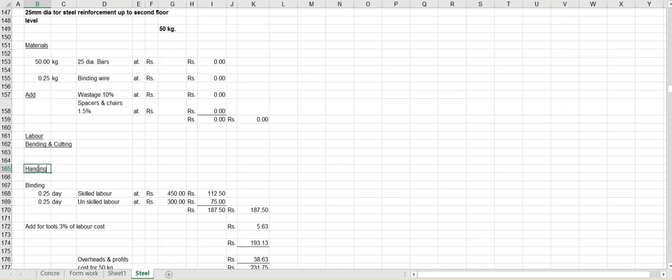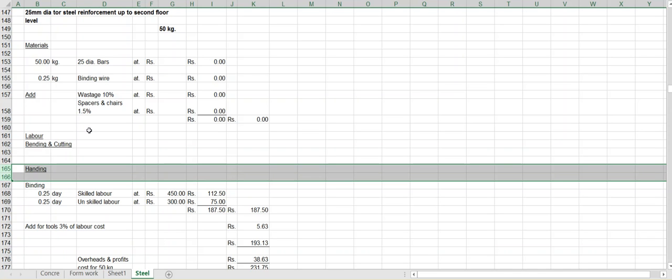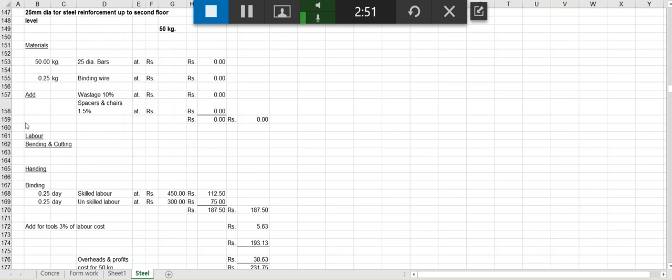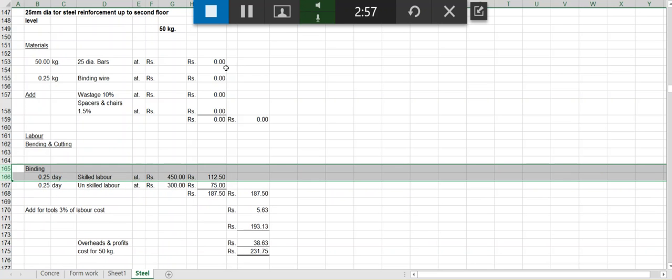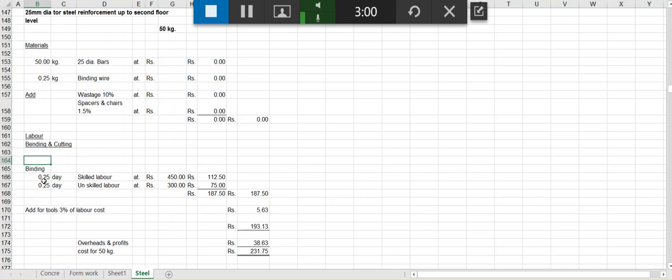That is there for the reinforcement. But our work item is for the tie beam, so we are not required to have handling at this stage, because there is not much gap once you have taken it into your site premises, so there might not be any additional handling. But when it comes to transport to the upper floors or something like that, there will be a requirement for handling as well. For this movement, we might not have a requirement for handling, so I will delete that part. But the bending and cutting requirement is still there.